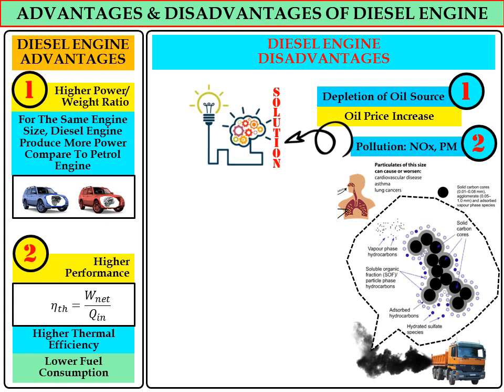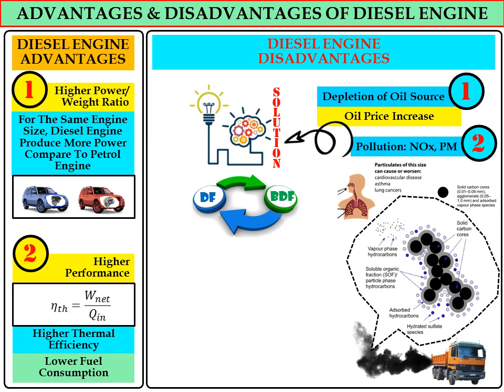So we need to find a new solution, an alternative fuel that has a lower price, and also an alternative fuel that produces lower pollution in terms of NOx and particulate matter.